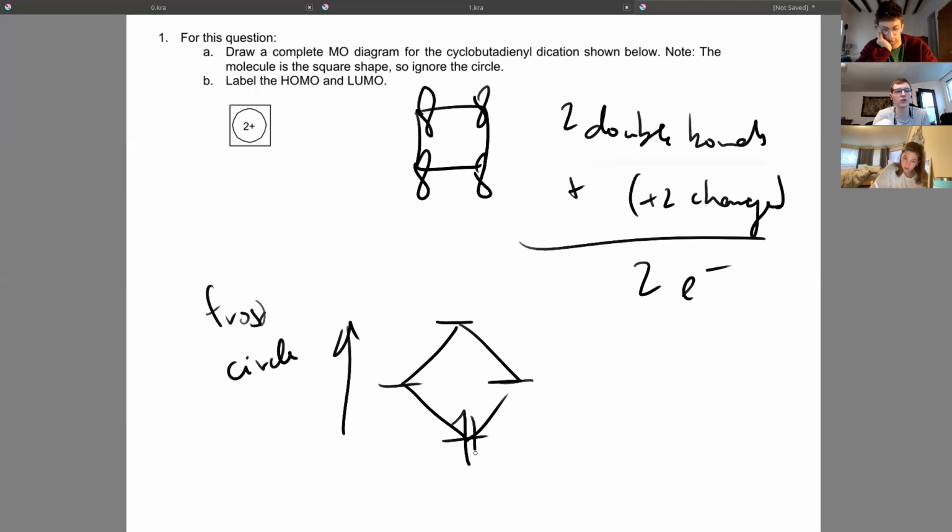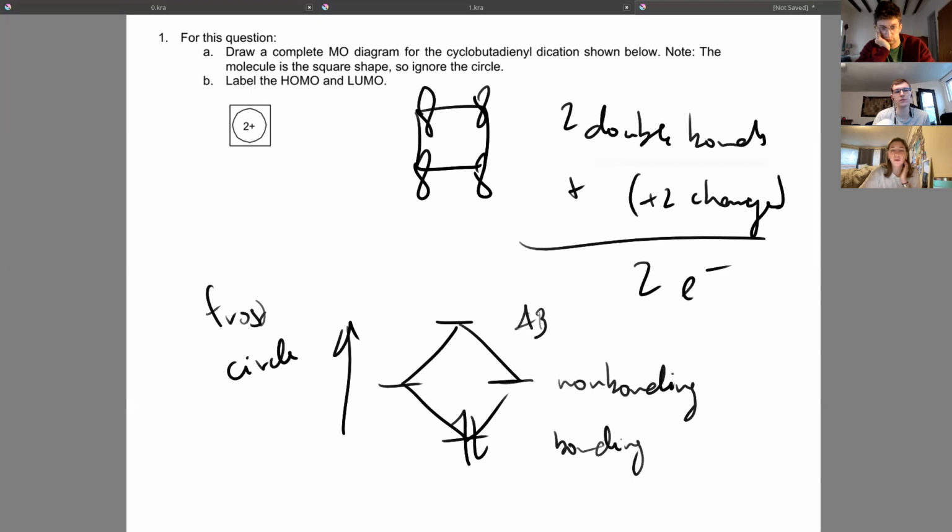Okay, and there are 2 electrons, so we fill in, and these are empty. This is bonding, non-bonding, and then anti-bonding. And then the question is, which of these is the HOMO and which is the LUMO?